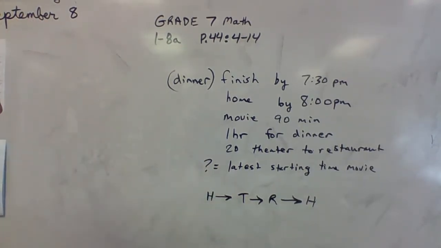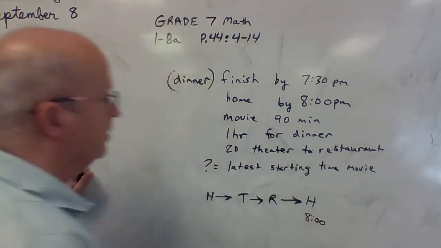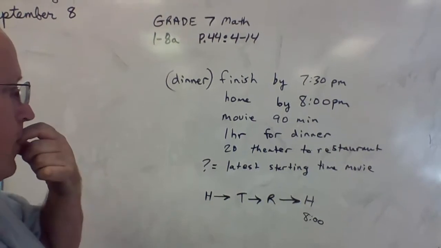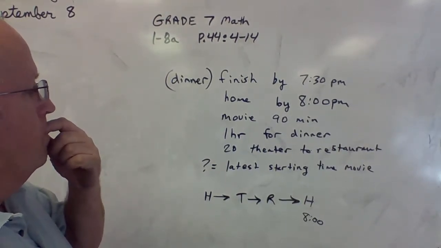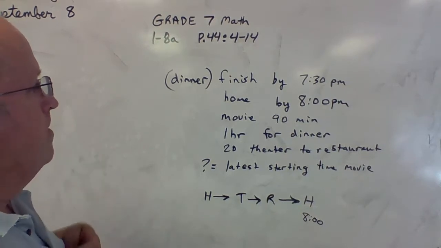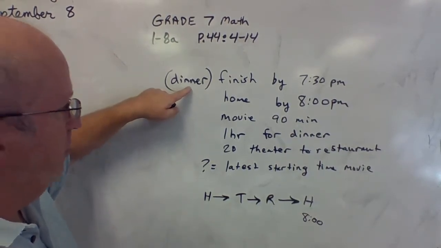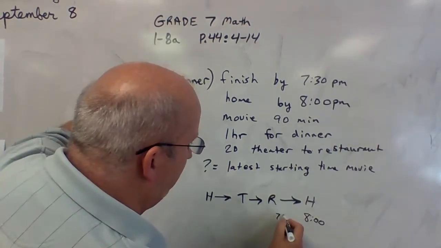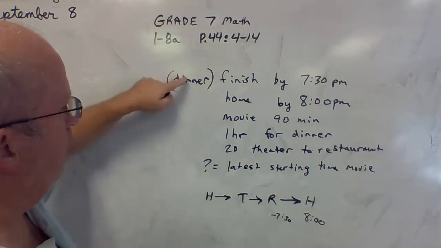So let's try to backtrack. If she wants to be at home by 8 o'clock, and it says that the dinner has to be finished by 7:30. And it says here 1 hour for dinner.